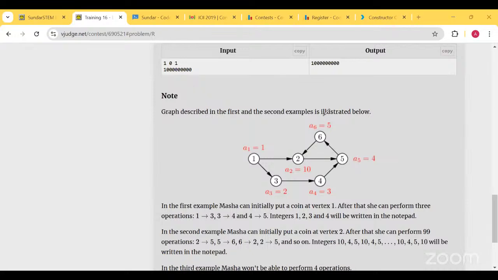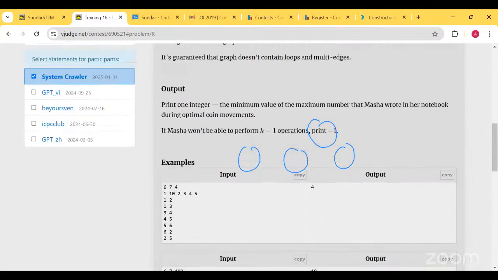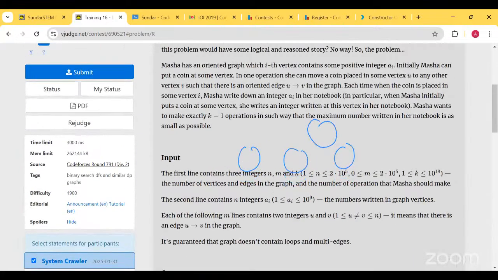Can we get 5 here? 1, 2, 3, 4. Wait. Okay, sorry, we want to minimize it. So the value is equal to the maximum number, but we want to make it as small as possible.